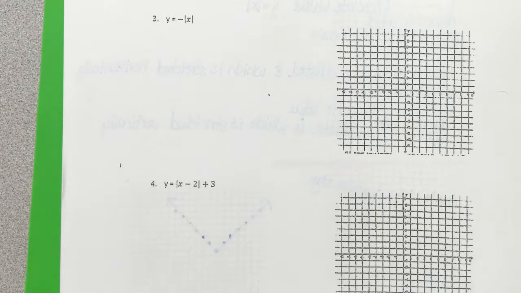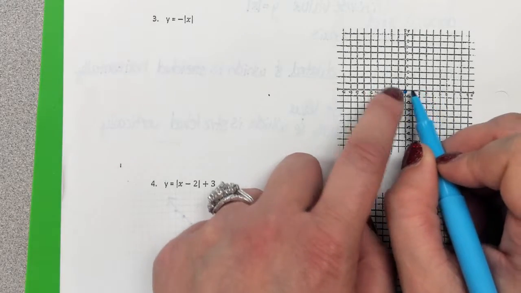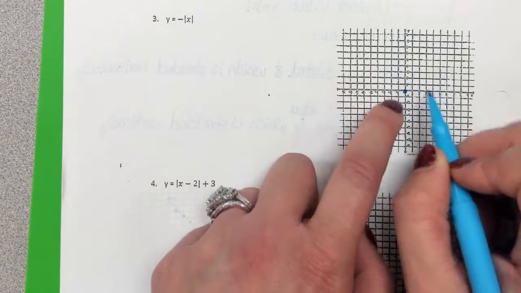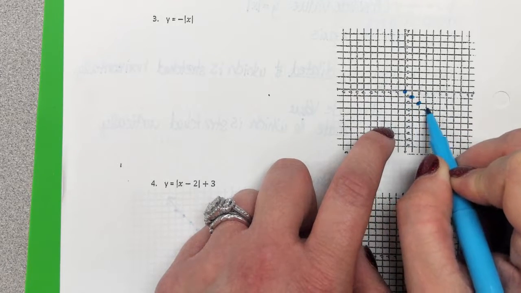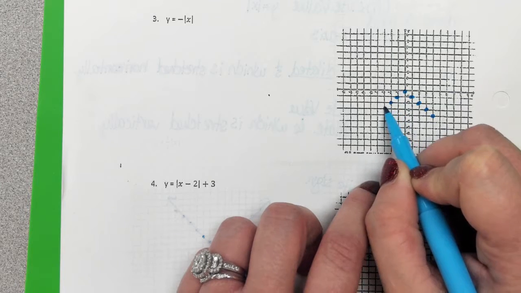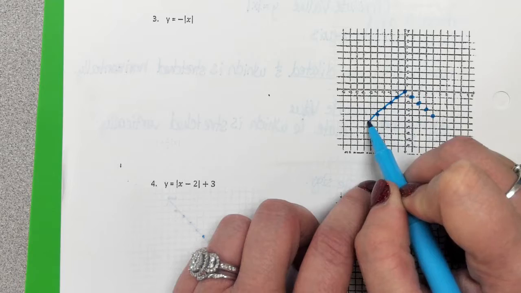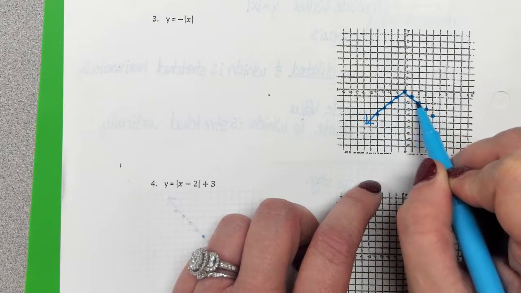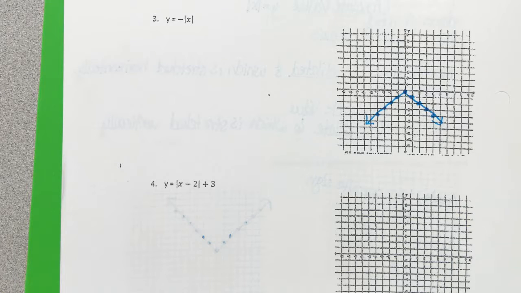Where's the vertex at though? It's still at the origin. There you go. But instead of going over 1, up 1 each time, what are we gonna do? Down 1. So over 1 and down 1 each time, right? It's a lot faster to do it without the calculator if you know the rule. Do not use the calculator. Don't rely on it, okay? You can use it to check your work, but don't rely on it.